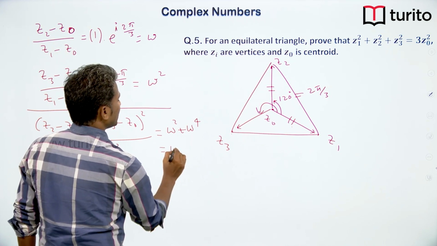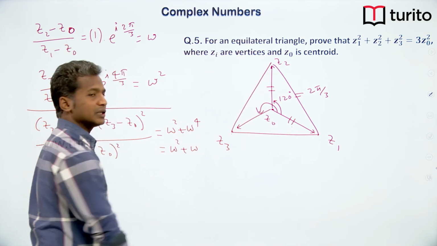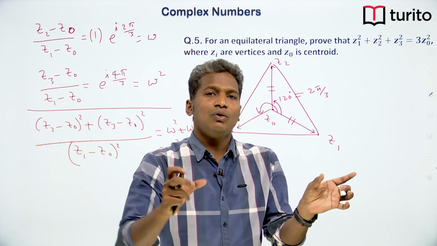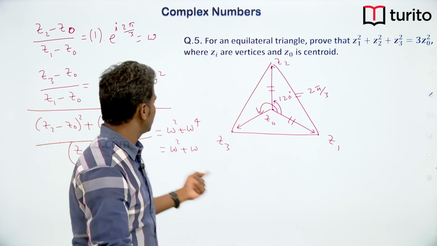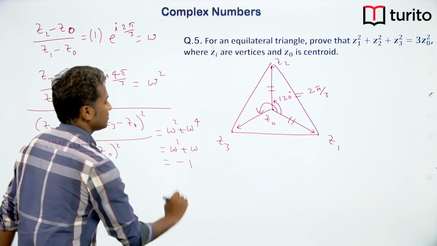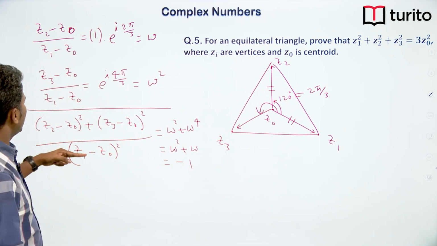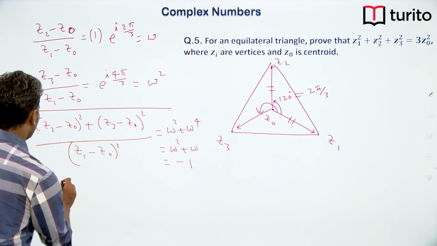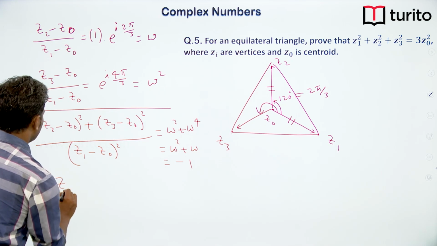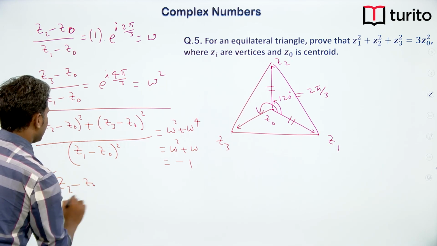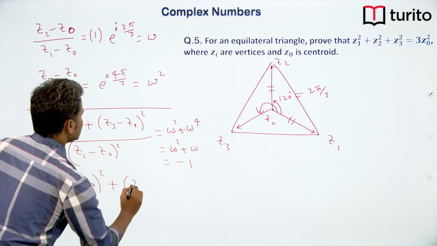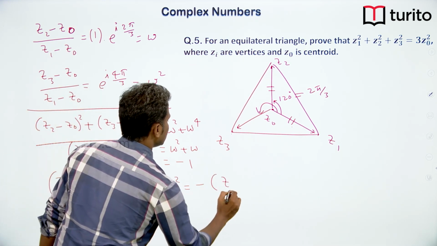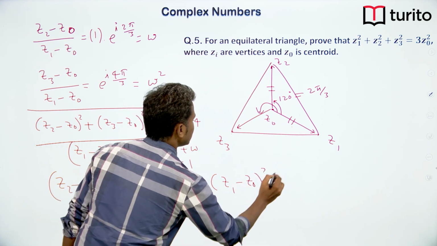This is omega square plus omega only, because omega cube is 1, so omega power 4 can be broken into omega cube into omega, which is omega. Now this becomes minus 1. If you take the denominator to the RHS and simplify it, you get (Z2 minus Z0) square plus (Z3 minus Z0) square equal to minus (Z1 minus Z0) square.